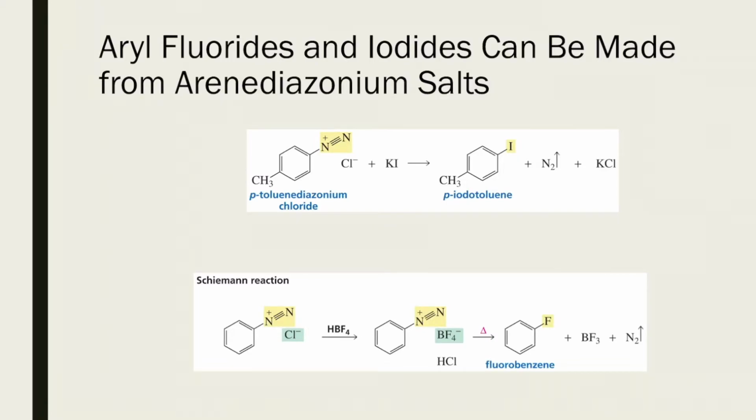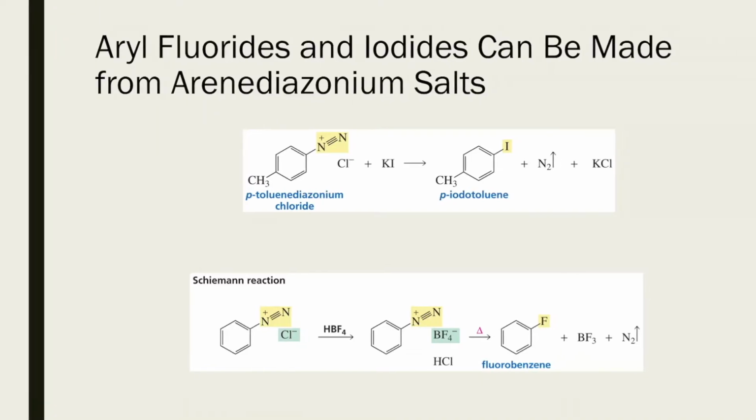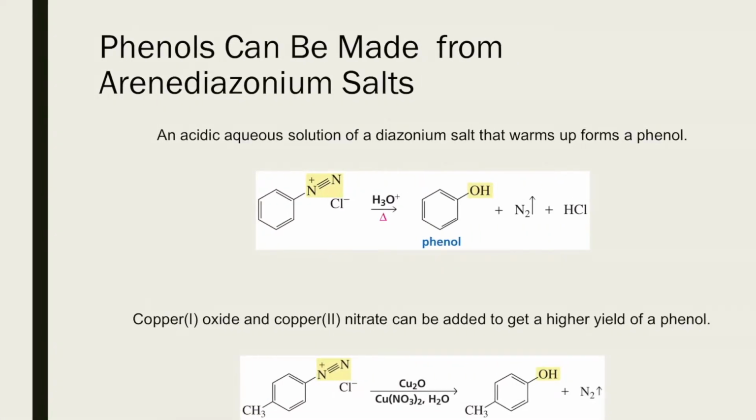For synthesizing aryl fluorides, you use fluoroboric acid, and this particular reaction is called the Schiemann reaction. After the diazonium salt is formed, you heat the reaction to get the fluorobenzene. Again, in all of these reactions, nitrogen is liberated.